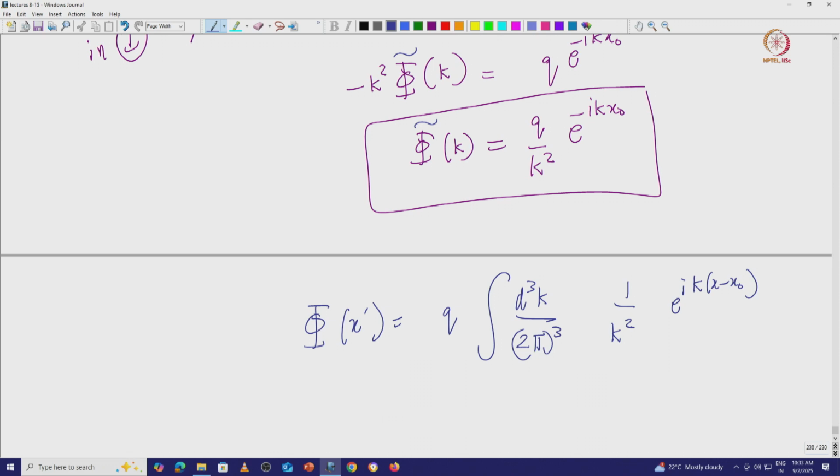It is equivalent to q by 4 pi 1 by modulus of x minus x 0.